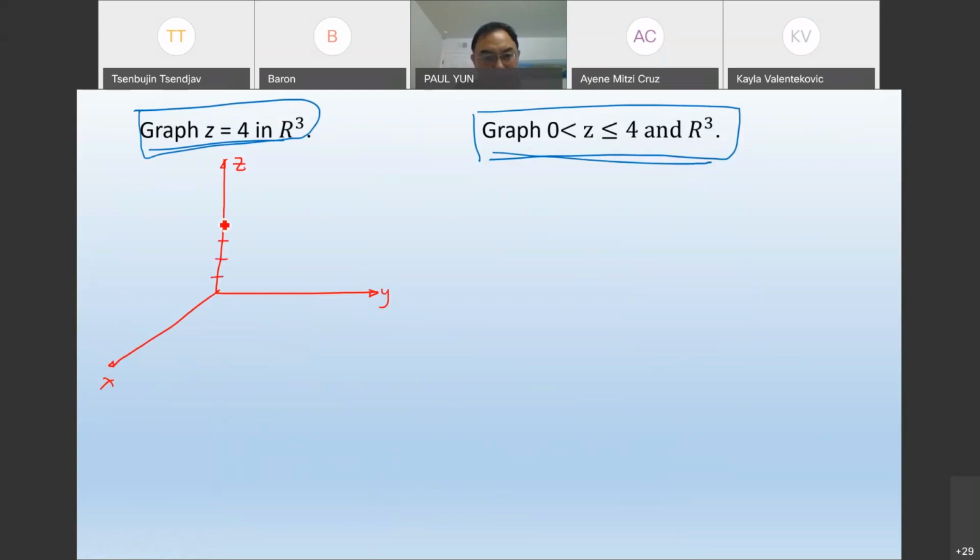Regardless of your XY values, I'm not going to change my Z values. Yeah, how about something like this? So it's basically like the first floor, second floor, third floor. I think it's the fourth floor. Isn't it the fourth floor? Something like that. All right. If you understand this, type yes, please.